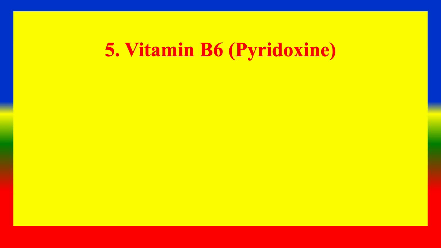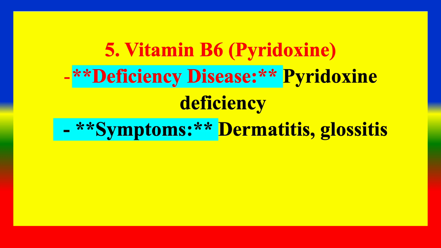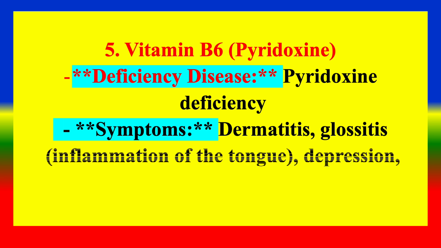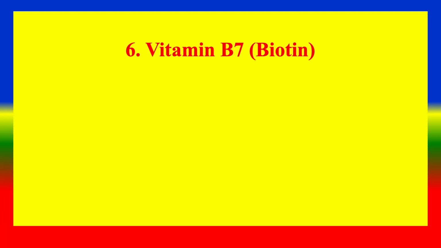5. Vitamin B6, pyridoxine. Deficiency disease, pyridoxine deficiency. Symptoms: dermatitis, glossitis, inflammation of the tongue, depression, confusion, convulsion. 6.